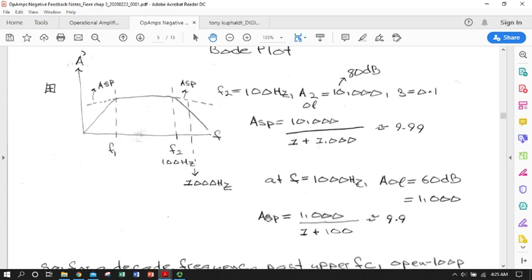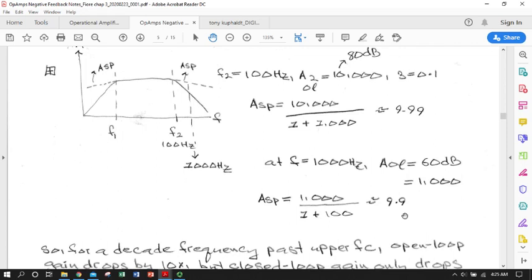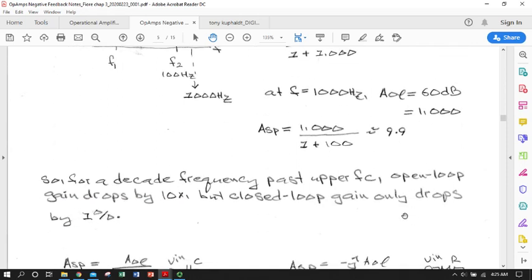So our closed loop gain at the higher frequency, at 1,000 Hertz, is 1,000 over 101, which is about 9.90. Wow. No significant loss. Oh my goodness. Rather than losing an order of magnitude of gain by going up a decade in frequency beyond the midband range, we lost like 1%. Probably not even significant.